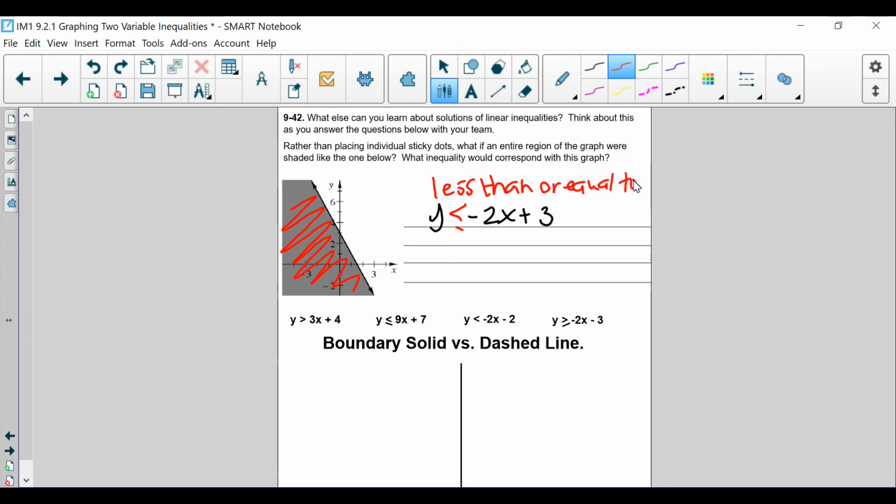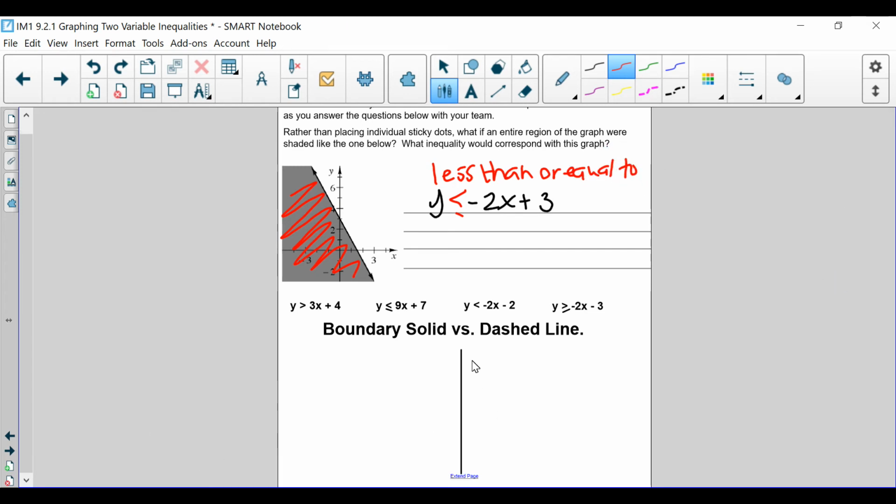Then the next part is we determine whether the boundary is solid or dashed. Which ones are considered solid, which ones are considered dashed. Dashed means it's not equal to. All the ones that are solid are the ones that are equal to, meaning this one and this one.